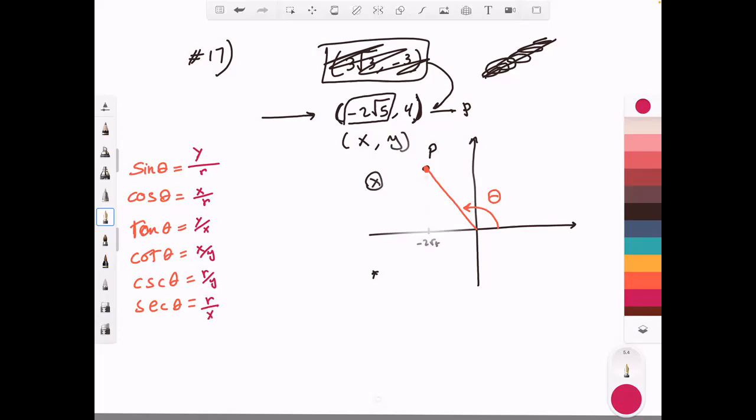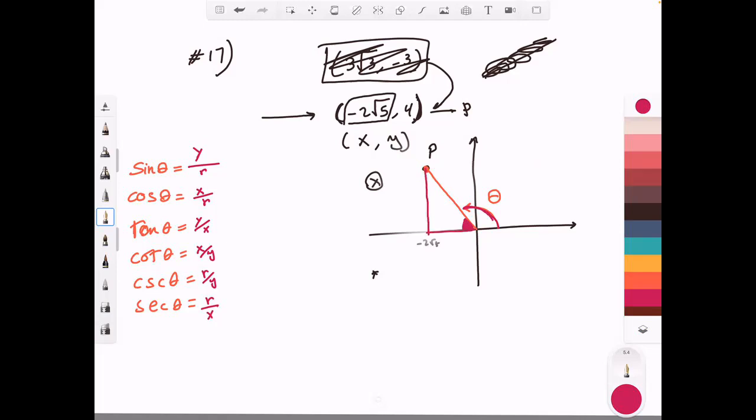We make a right triangle. I know the theta is here. We need to find a reference angle. The reference angle will be this one, always the angle to the x-axis, because there is no way we can make a right triangle this way. It doesn't work. So our right triangle will be this one.